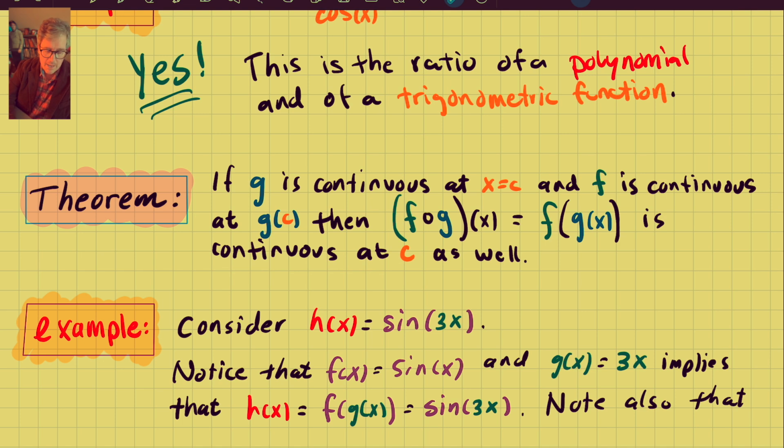So as long as g is continuous at c, and f is continuous at whatever value you get when you plug c into g, then the composition of the two is continuous at c as well.